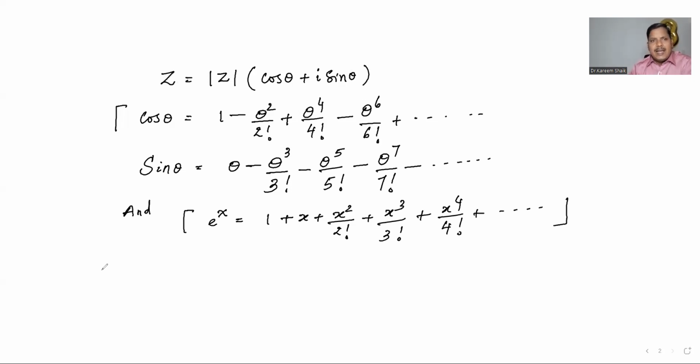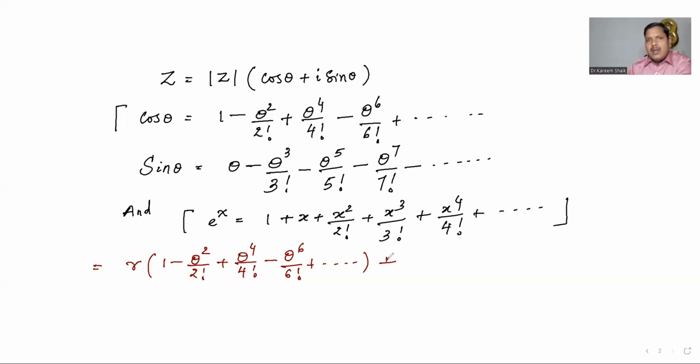Can I write modulus z, which is r, times cos theta, which is 1 minus theta square upon 2 factorial plus theta raised to 4 upon 4 factorial minus theta power 6 upon 6 factorial and so on? Clear?